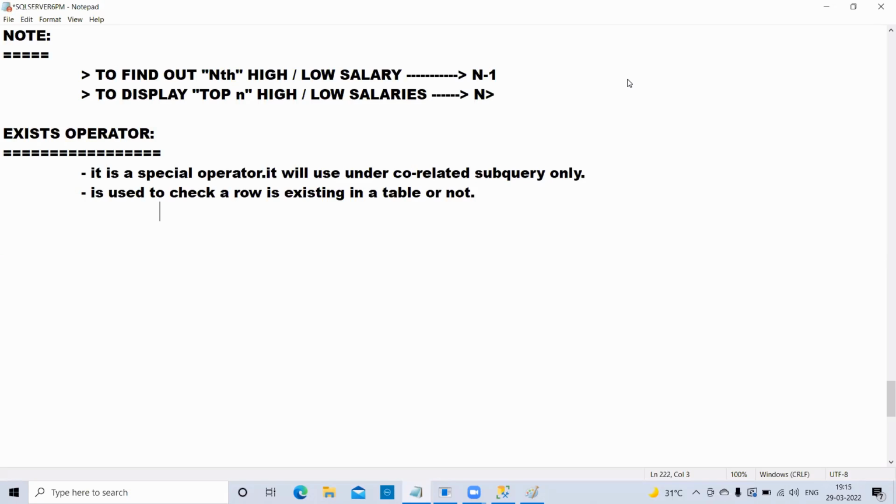If a row exists in the table, it returns true. If a row does not exist in the table, it returns false.